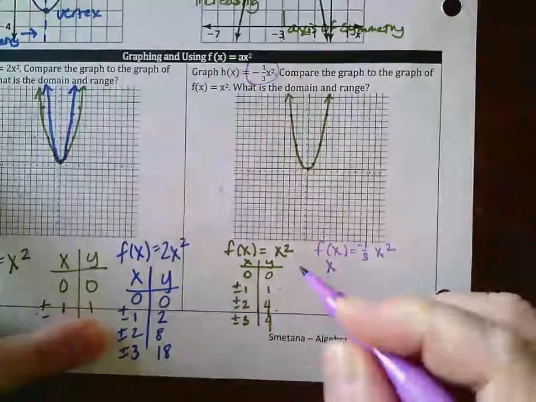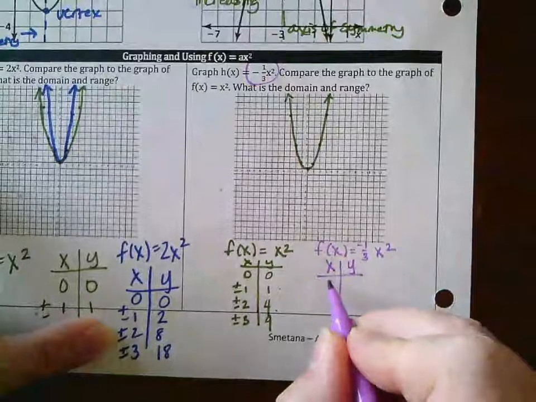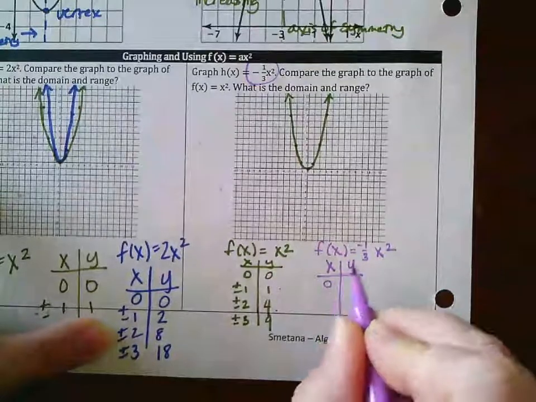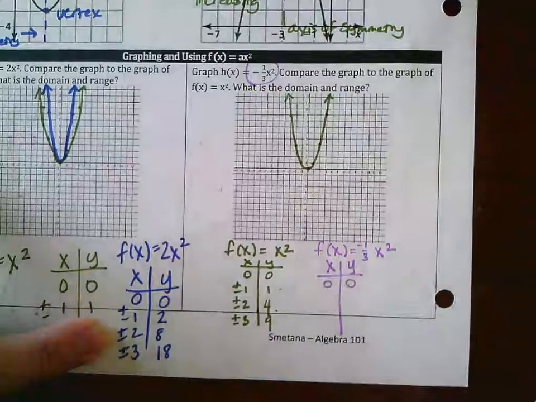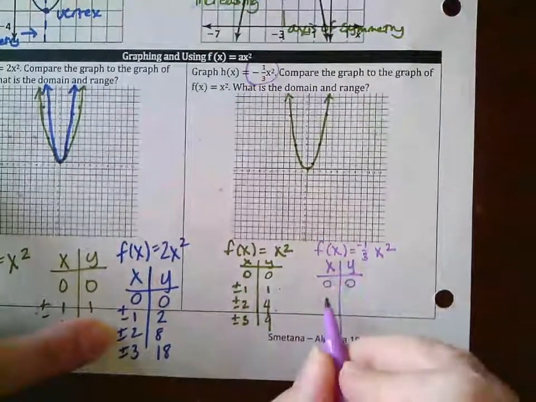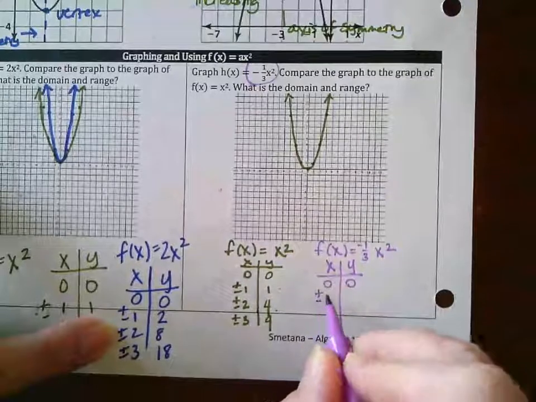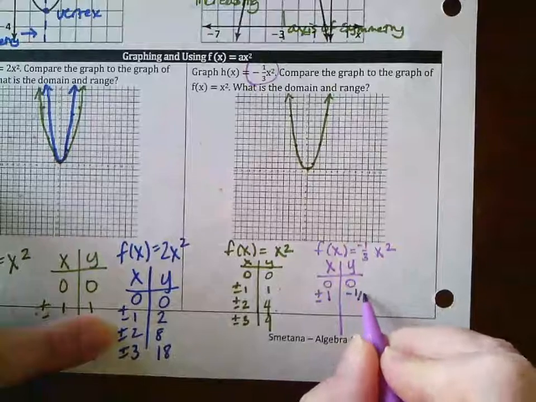So if you have x, y here, 0 times negative 1/3 is still 0, because anything times 0 is 0. And 1 times negative 1/3 is going to still be negative 1/3.